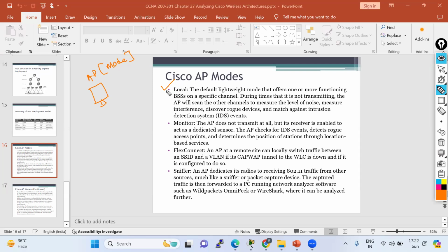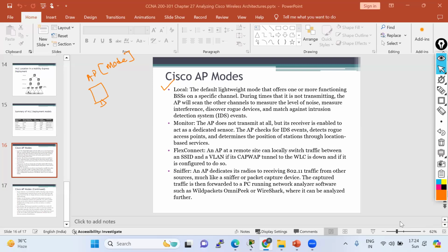And this is where the communication is going to happen. Let me show you something very important so you guys can understand. Just give me 1 second. So basically, this local mode is the default lightweight mode.